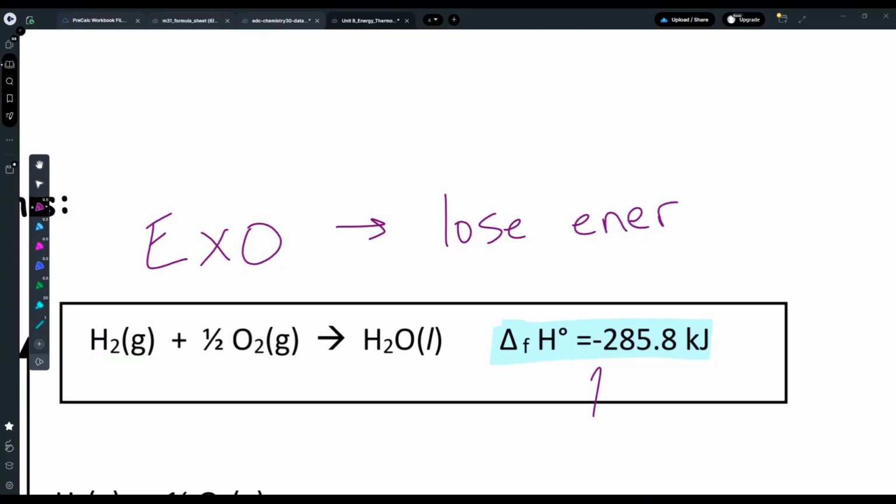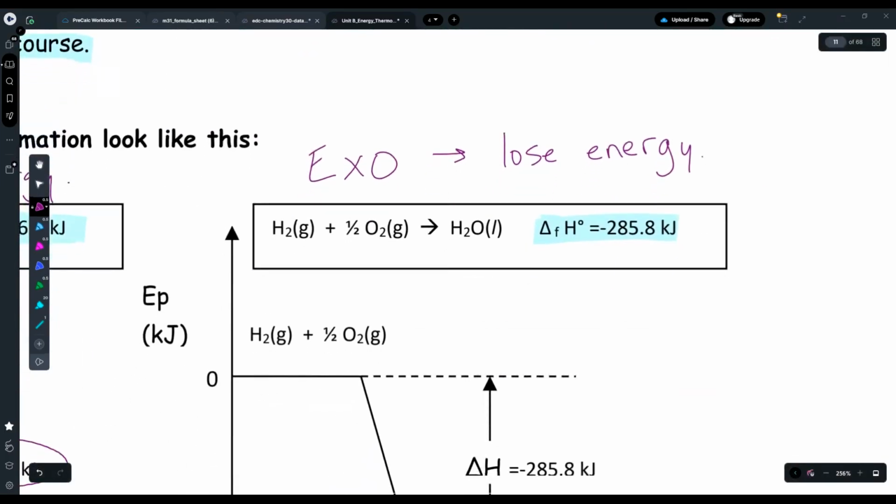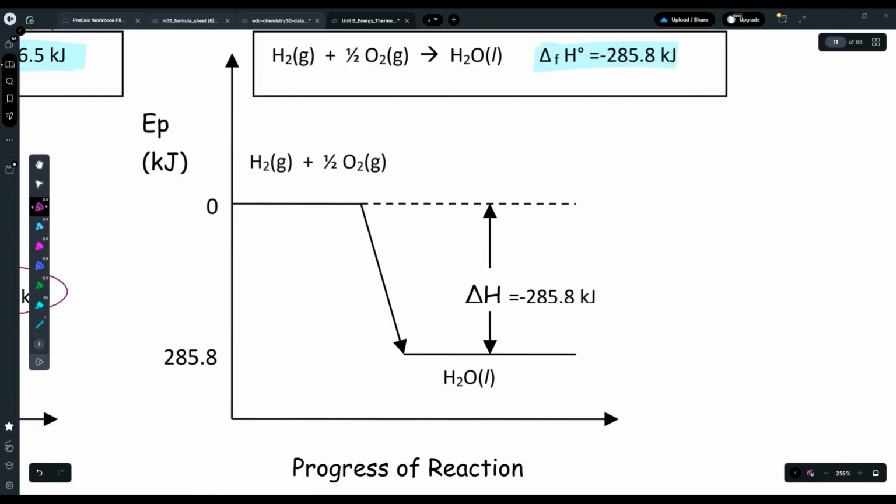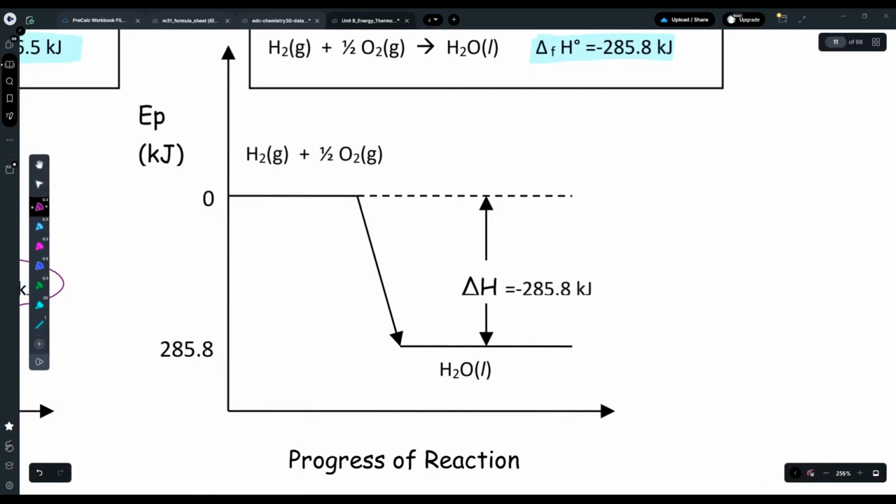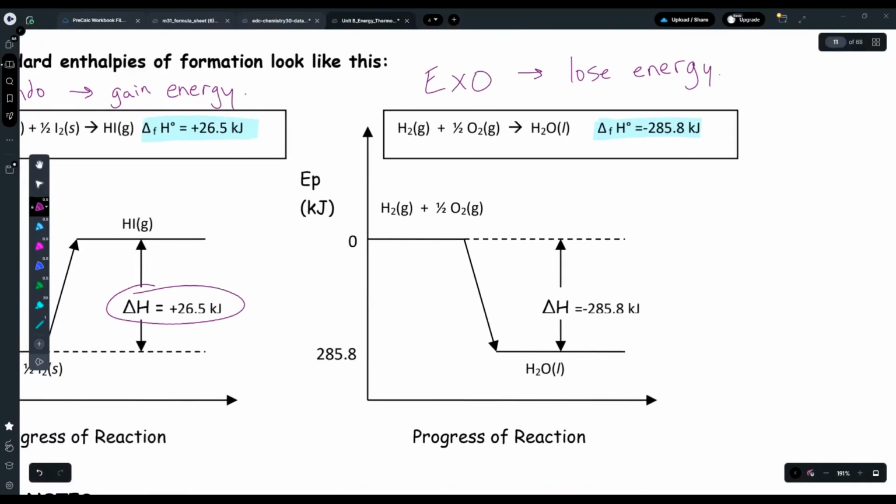Which makes sense why this is negative. If we're losing energy, it has to be negative. Okay. And so in an exothermic reaction, your reactants are going to have more potential energy than your products.